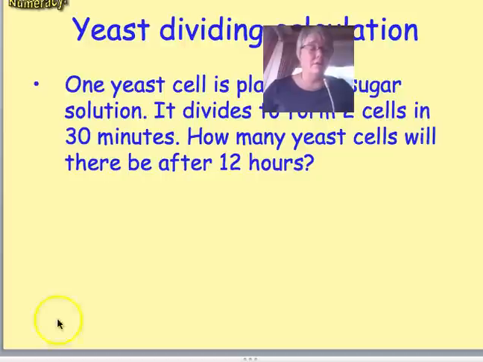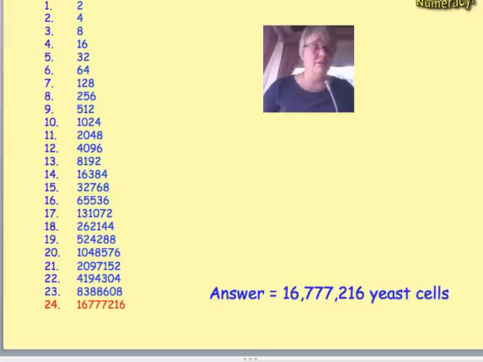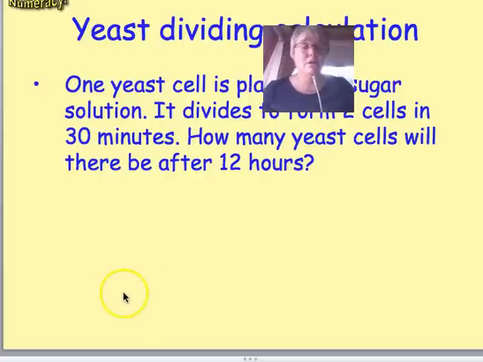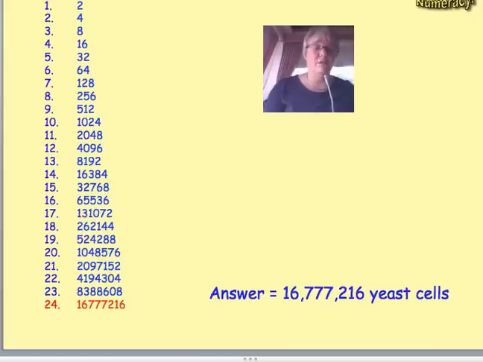It's actually going to double 24 times because we're talking about 12 hours here. And at the end of the 24, in other words at the 12 hour mark, the answer is, look at this, 16,777,216 yeast cells. So a lot of yeast cells after the 12 hours.